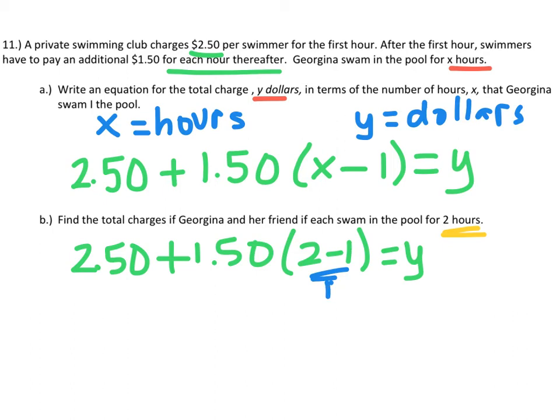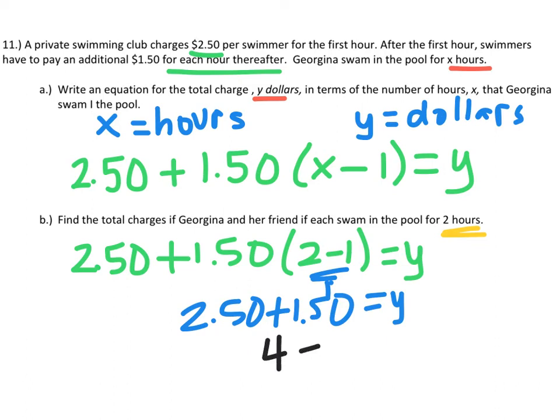So that's $2.50 plus $1.50 equals Y. So that means it cost $4 for Georgina to swim for 2 hours. But she does have her friend with her, so each of them would have to pay $4. So the total cost for both swimmers is $8.